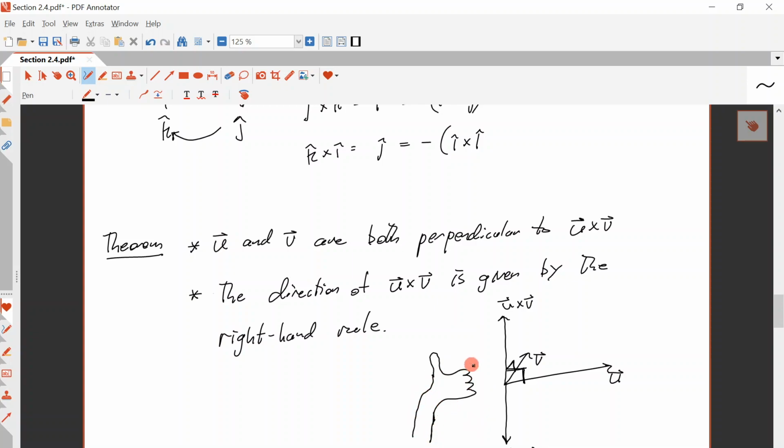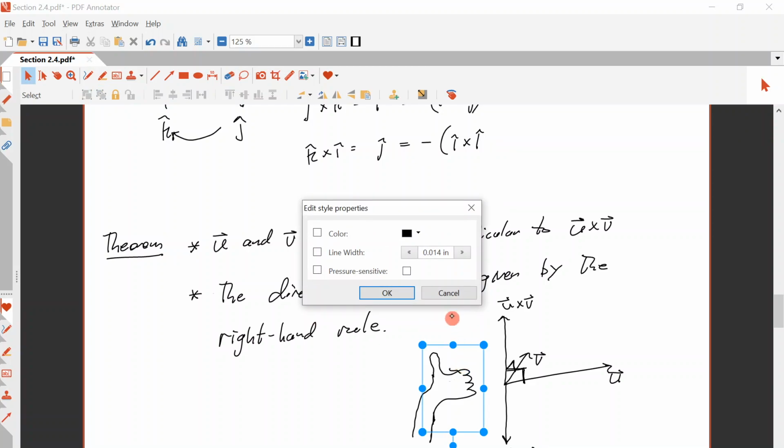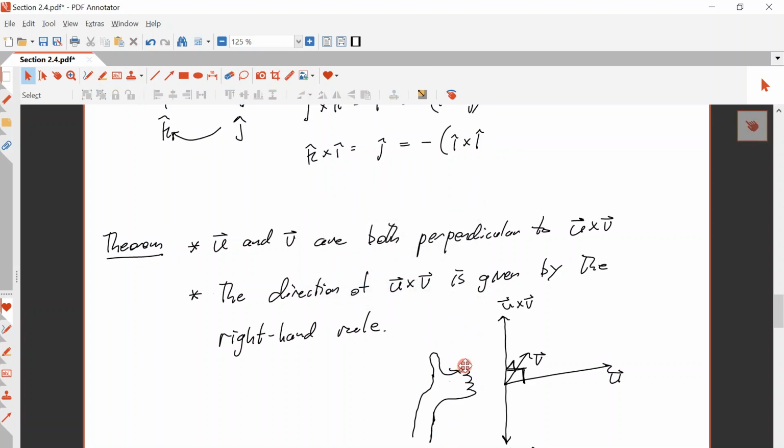So there's my right hand, with my fingers going in that direction. Well, that's not too horrendous, is it? It's not what I meant by improving your artistic skills in this class. Eraser.